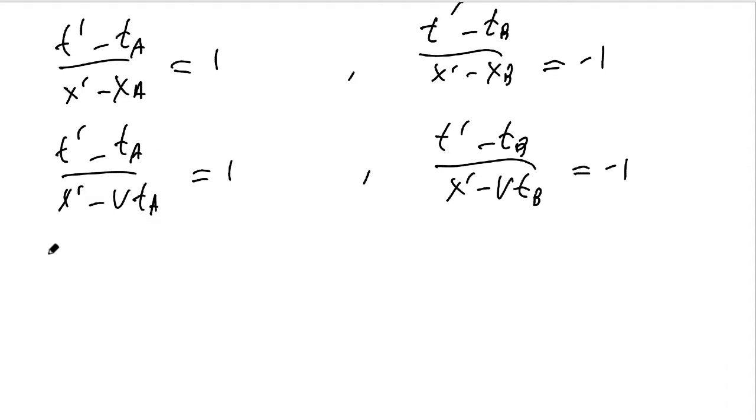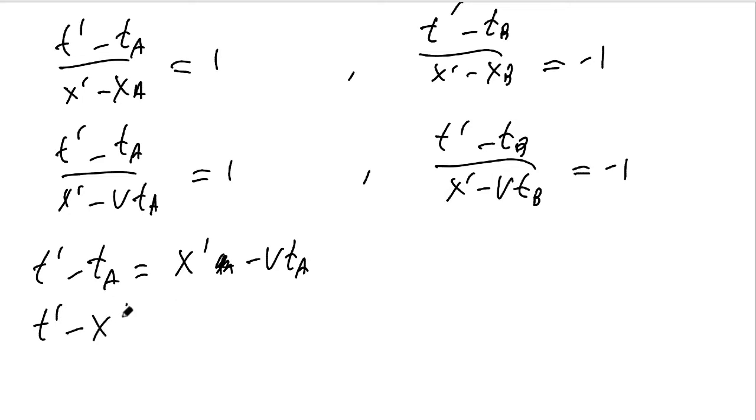So first of all, this one we can simplify as the right-hand side is x prime minus v ta, and now moving all of the terms involving ta to the same side. This is 1 minus v times ta.